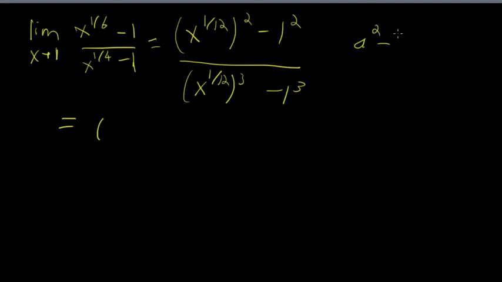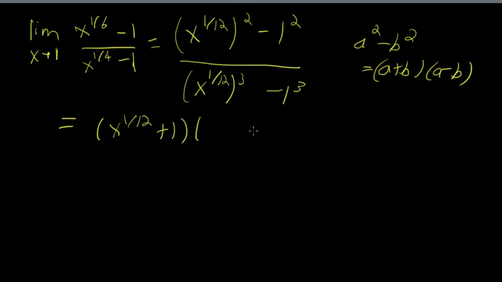So a squared minus b squared equals a plus b times a minus b. A here is x to the 1/12, and b here is 1. So x to the 1/12 plus 1 times x to the 1/12 minus 1. Okay, we're taking the limit as x tends to 1.